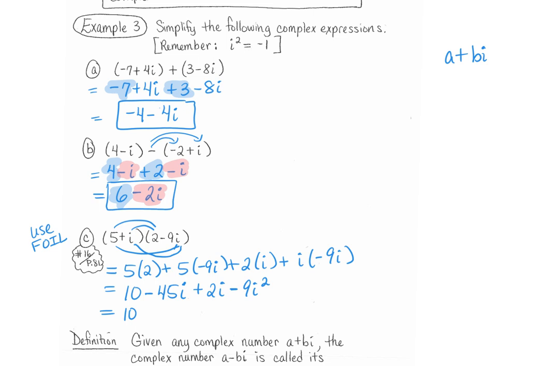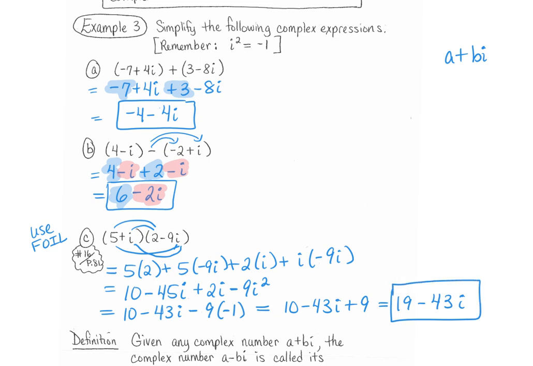So we're going to substitute that in. And negative 45i plus 2i is negative 43i. Minus 9 times i squared, and i squared you told me was negative 1. So that gives us 10 minus 43i plus 9. Good. So then combine like terms. What do we get? You got it. That's it. So we've added, subtracted, and multiplied.